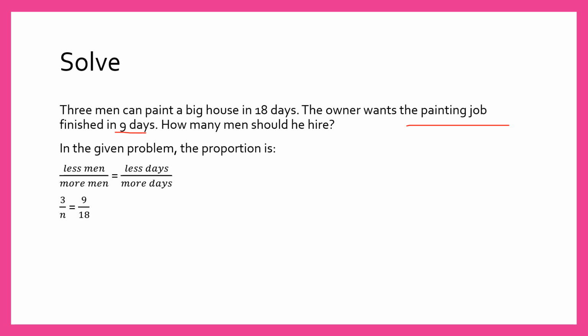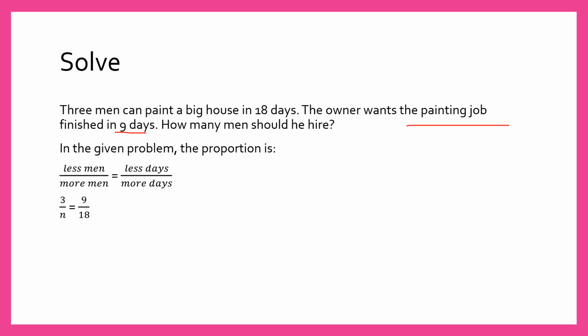So that means in this setting, we need to solve using indirect proportion in fraction form. So the numerator of the first ratio must correspond to the numerator of the second ratio. The denominator of the first ratio must correspond to the denominator of the second ratio.